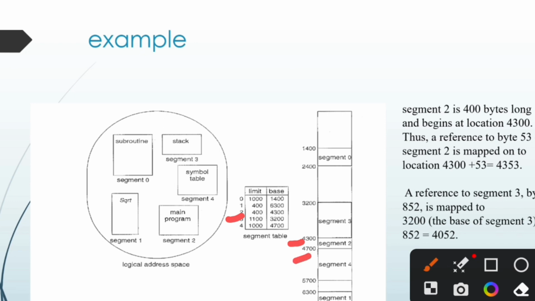Now, we want to check whether byte 53 is valid. The limit of segment 2 is 400 and 53 is less than 400. So, definitely it's a valid one. So, we form the physical address. The base is 4300 and here we add 53 to get the physical address.